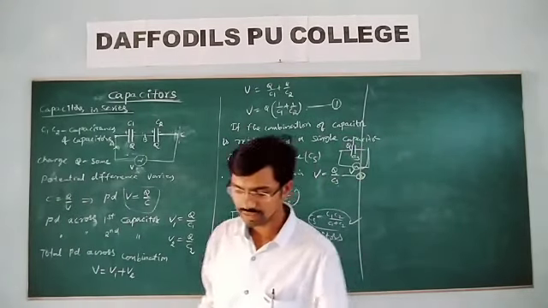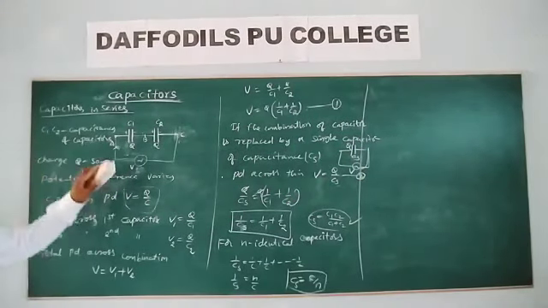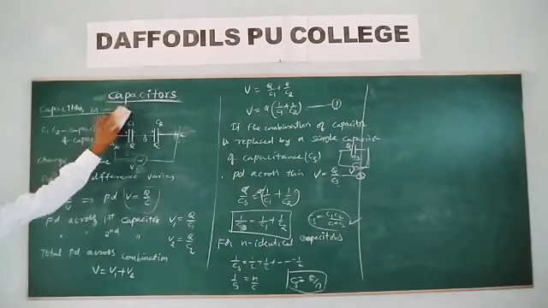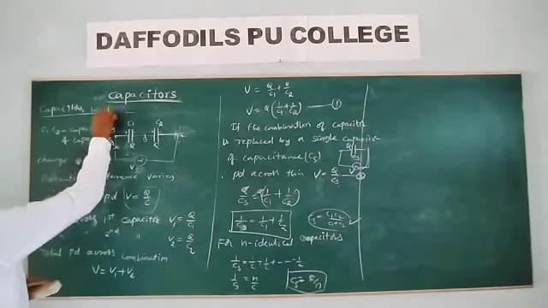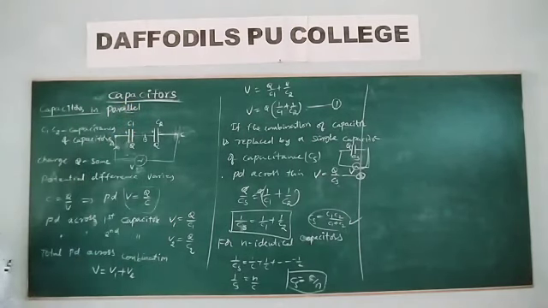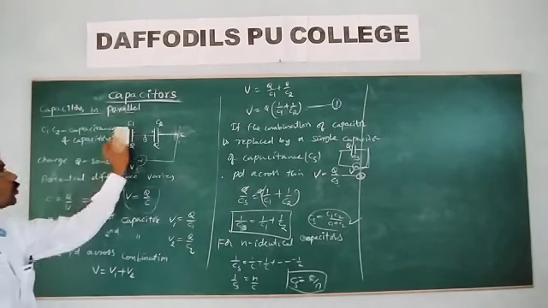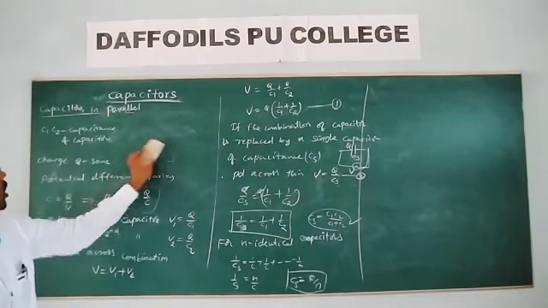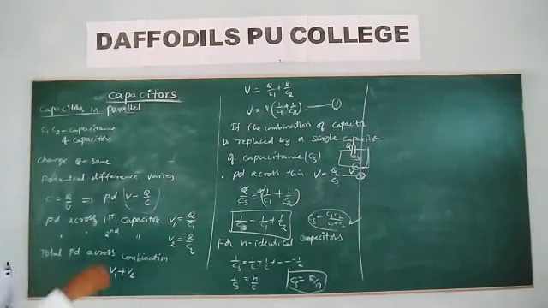Then let us see the capacitance of capacitors in parallel combination. Is it okay? How do we take a parallel combination?